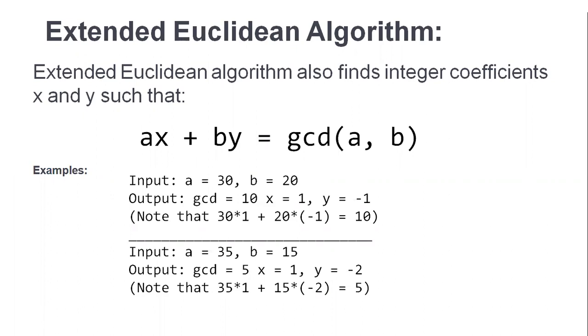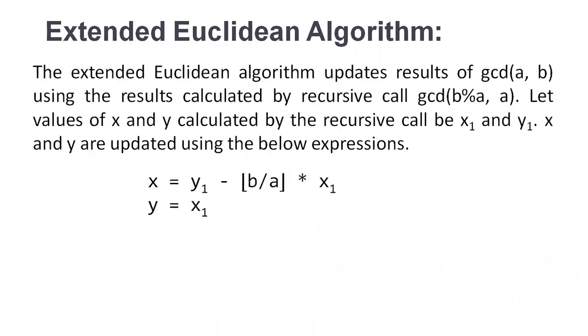The extended Euclidean algorithm updates the result of GCD(A, B) using the results calculated by the recursive call GCD(B mod A, A). In the Euclidean algorithm we calculate B comma A mod B. Here in the same way, we are calculating B mod A comma A.